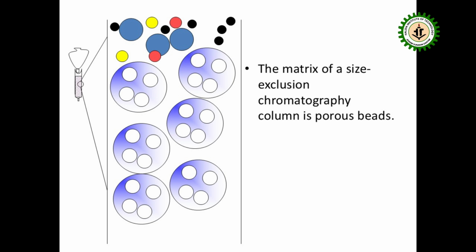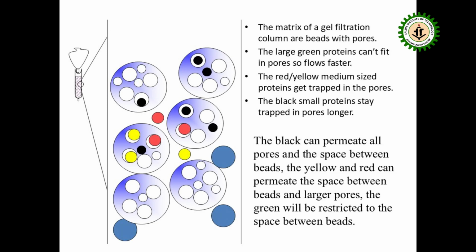The black small proteins stay trapped in the pores longer. The black can penetrate all pores and the space between beads. The yellow and red can permeate the space between beads and larger pores. The green will be restricted to the space between beads.